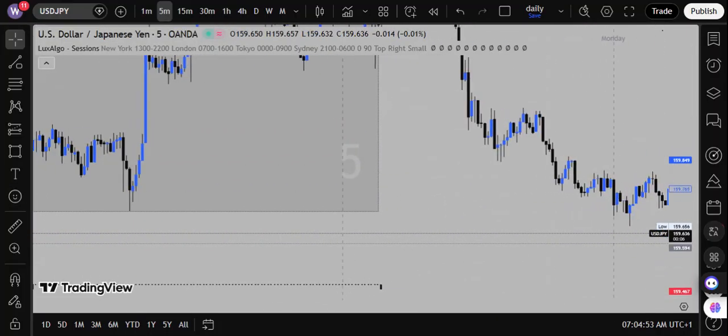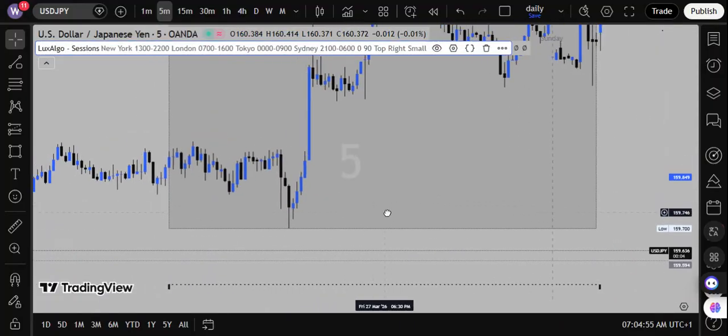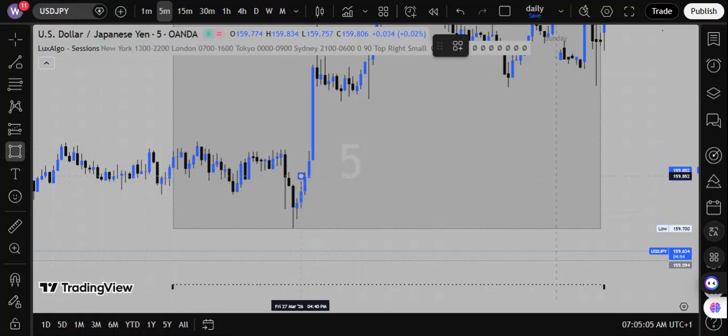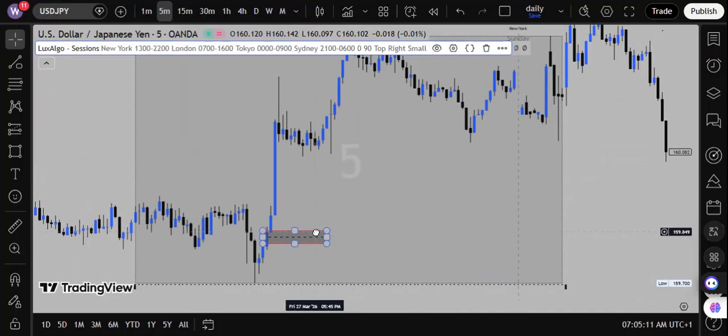So can you see right here? Look at this example. The first FVG that forms has this weak rejection. Look at this FVG right here. FVG has been formed, the first bullish engulfing after the FVG, above the FVG.